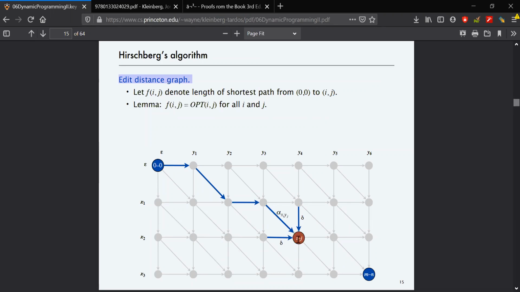You saw that in order to compute the optimum at the ijth entry of the matrix, you looked at 3 of its neighbors, and you chose to minimize over these 3 quantities: the value at this node plus delta, the value at this node plus alpha, and the value here plus delta. And you computed the value here. So that was a matrix.